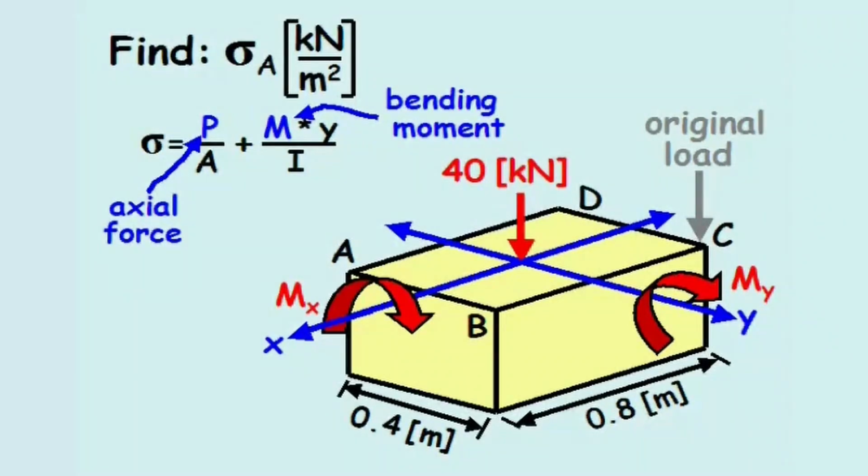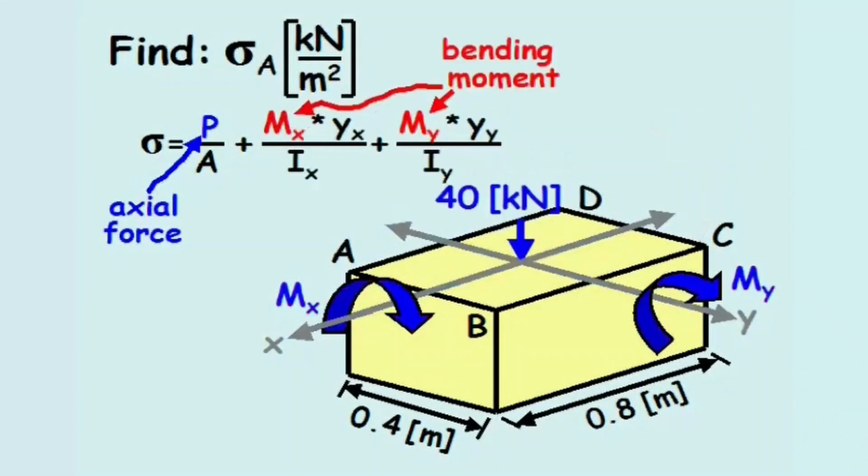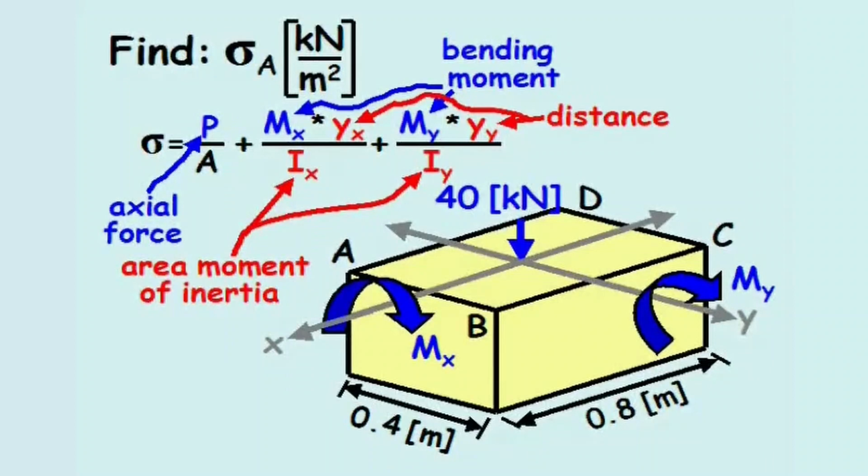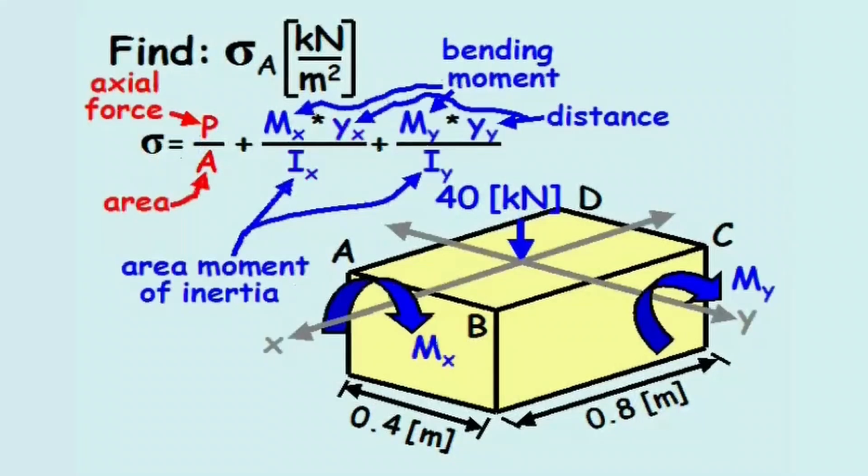Now our equation for the normal stress will need to account for the bending moment in the x direction and the bending moment in the y direction. And the same is true for the distance, y, and the area moment of inertia, I. The axial force term, P, and the area term, A, remain unchanged by the translation.